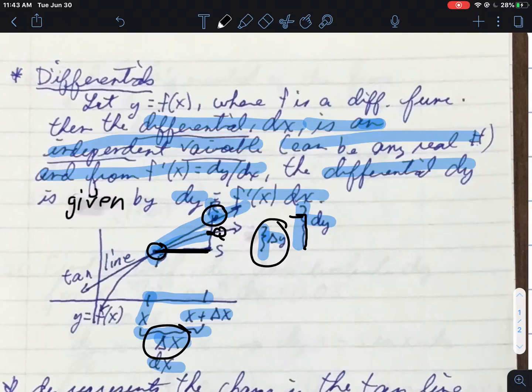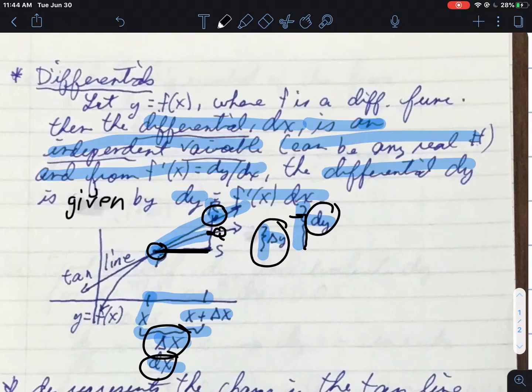So with respect to the curve itself between 2 points on the curve, delta y is how much the curve changes, how much the y values change. When we use that d notation, the dy dx, that's what we use when we talk about the derivative. But the derivative refers to the tan line. And so that's the slope of our tan line, the rate of change in the tan line. Dy is the change between the y coordinates of the points on the tan line.